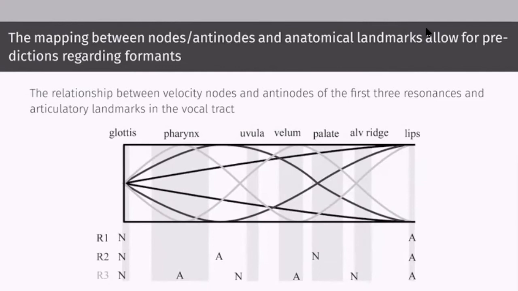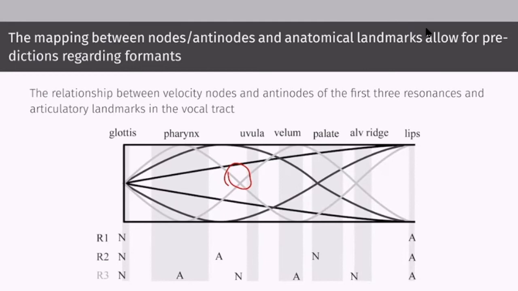If I have a constriction right here around the uvula, then it's going to raise F3. That's this light gray resonance.